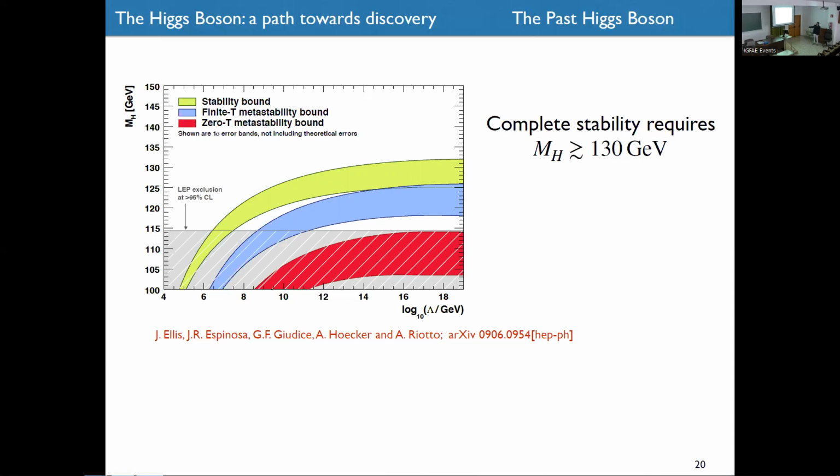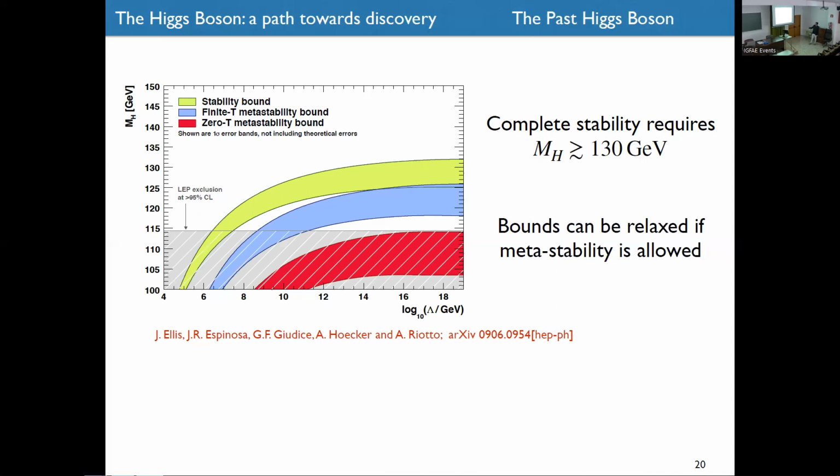And in this case, if you consider that, the complete stability requires a mass of the Higgs of more than 130. This can be relaxed a little bit if you move down just a little bit. Now, interestingly enough, 125 seems unstable here.